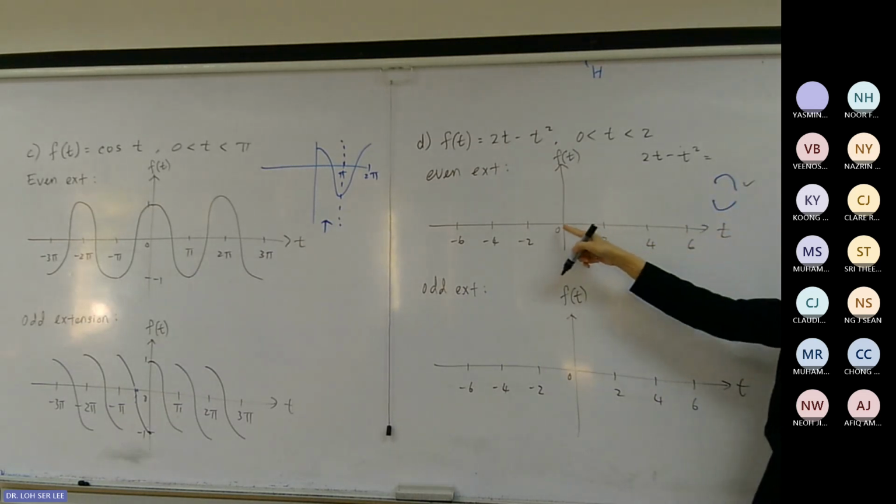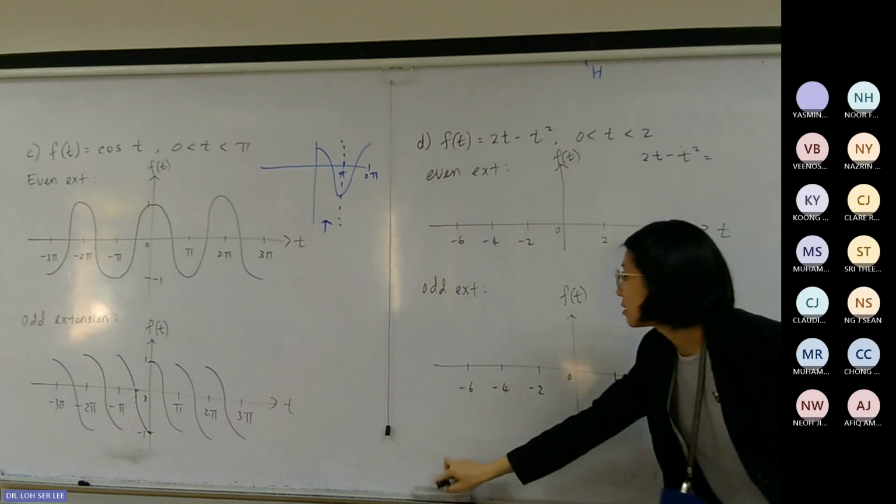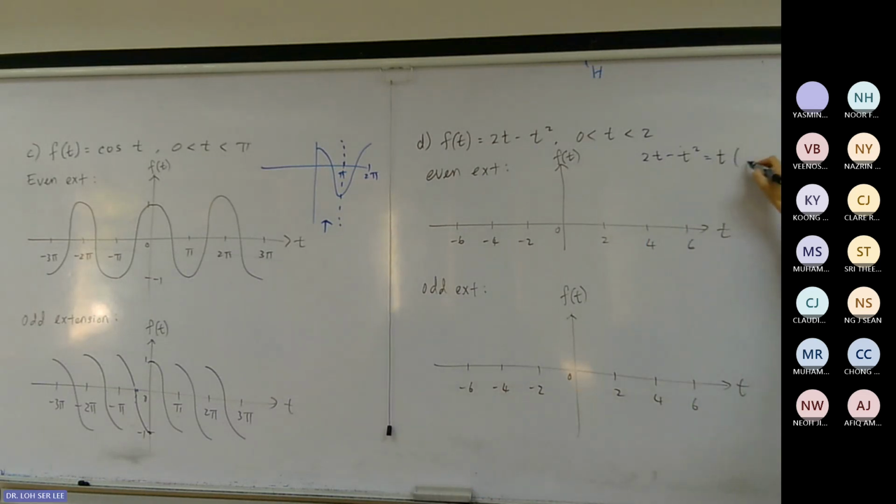So we want to find the x-intercept. We want to know when the graph passes through the t-axis. So for this 2t minus t squared, we will do the factorization. Factorize the t, we have t times 2 minus t.